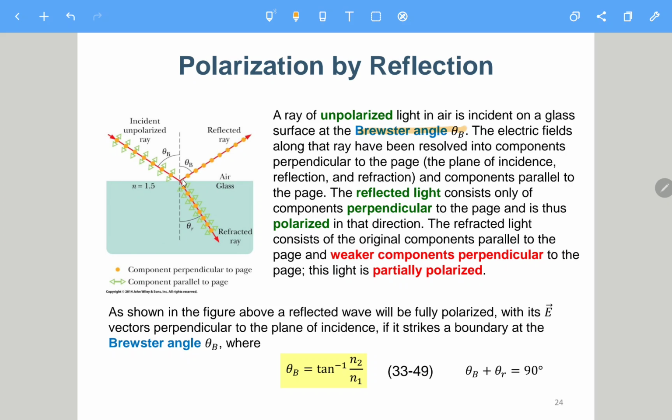And the refracted ray will be partially polarized, because only the wave with the parallel component can be refracted.